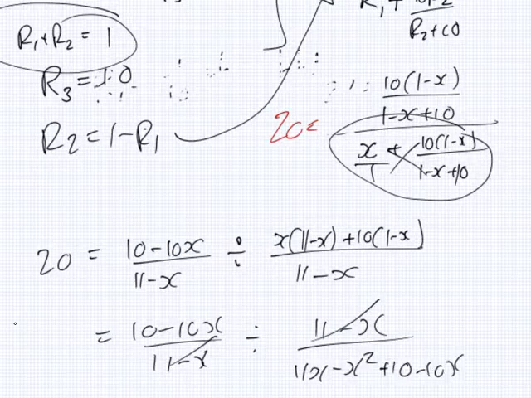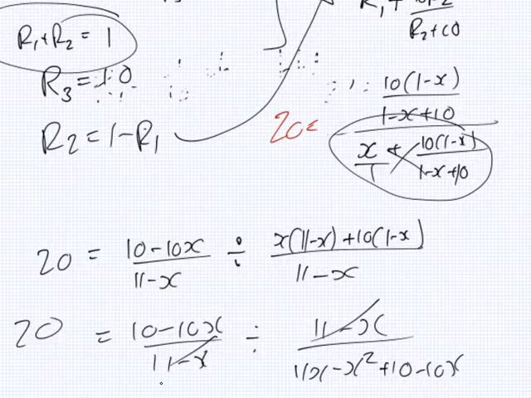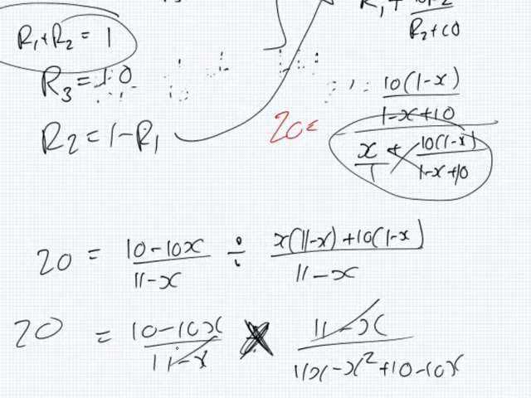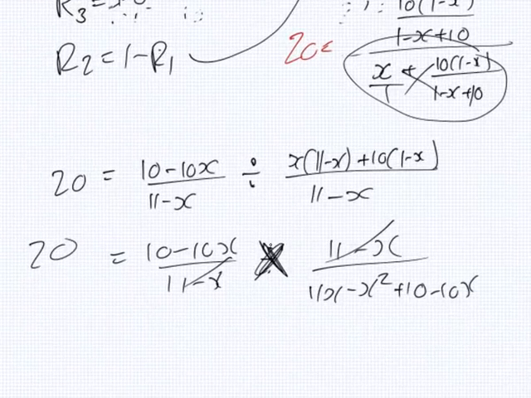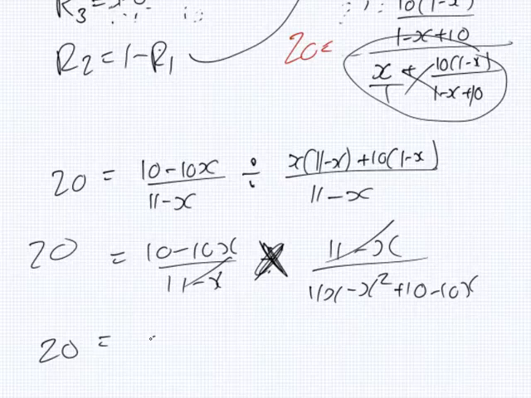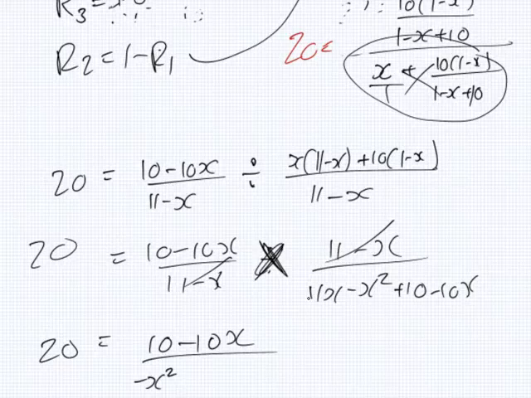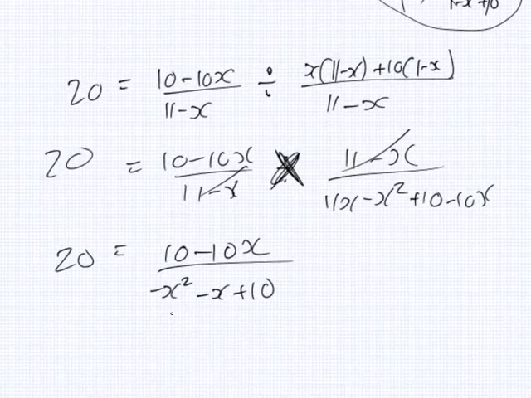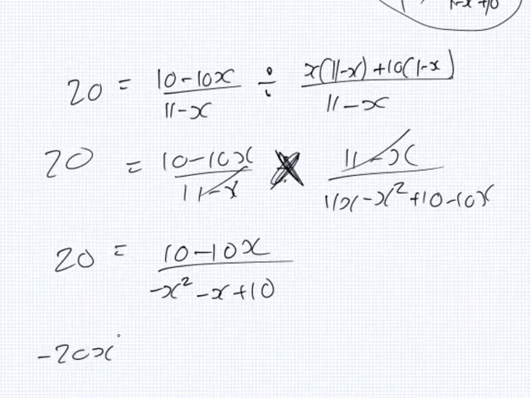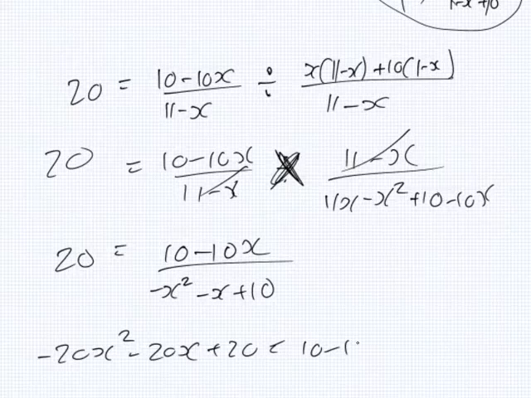Cancel, cancel. Then we have minus x squared, minus 10x plus 11x, minus x plus 10. So cross multiplying, minus 20x squared minus 20x plus 20 equals 10 minus 10x.